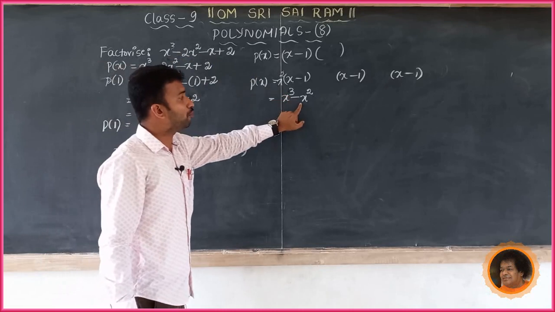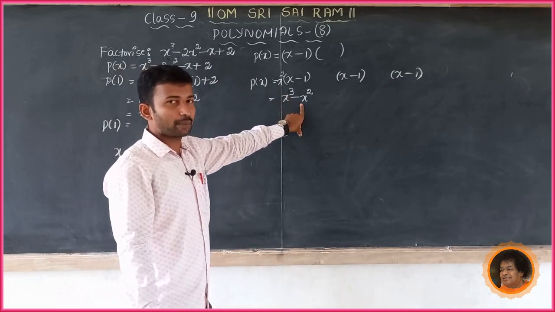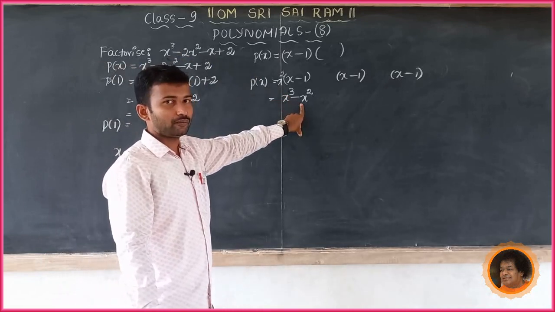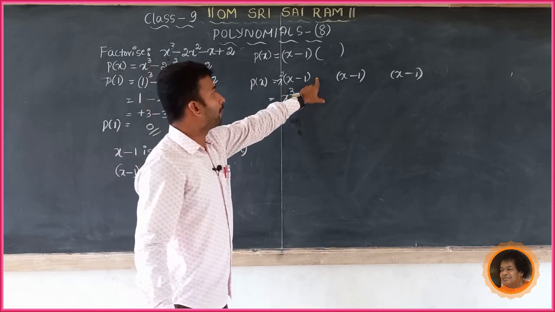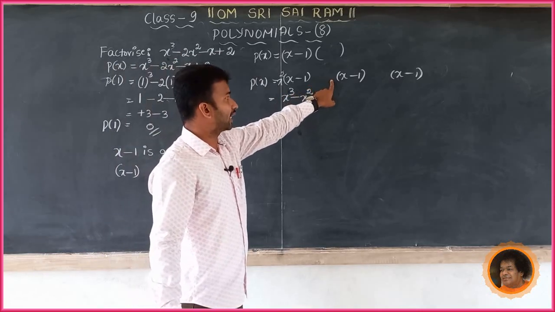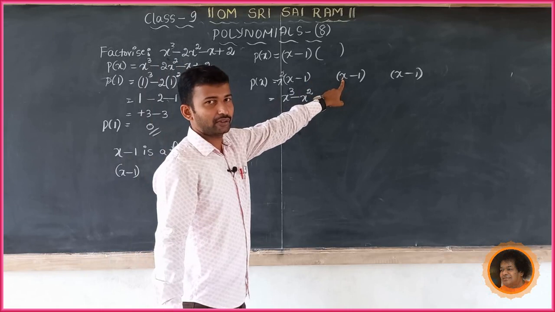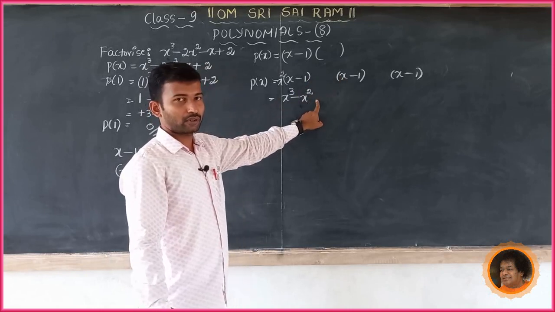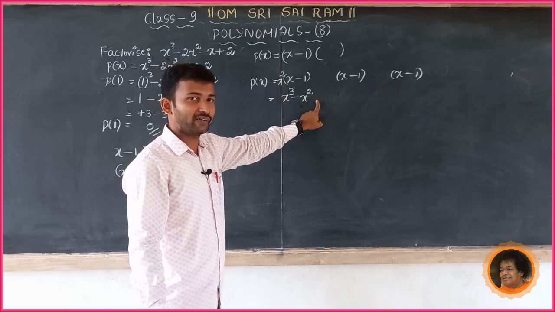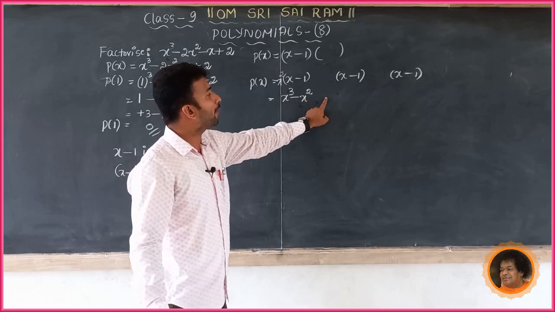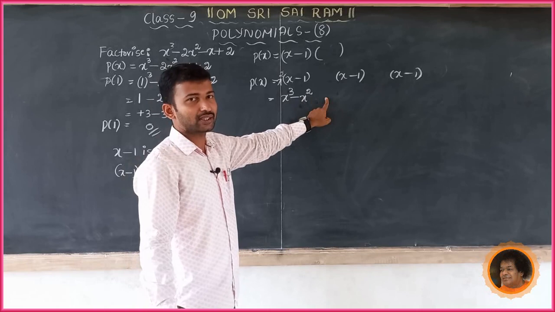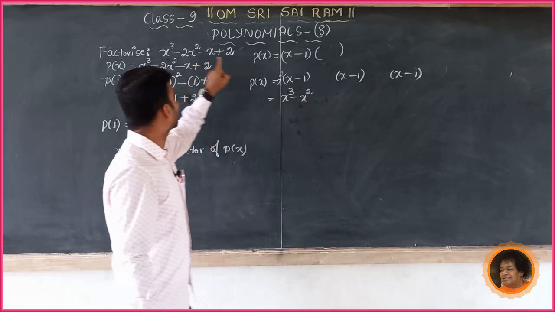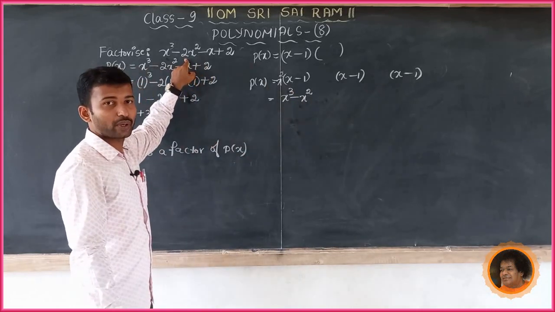We already have minus x square. If you substitute minus 2x in this expression, we get minus 2x square as a product. So, what will happen? Minus x square minus 2x square, the sum is minus 3x square, but we have minus 2x square only.